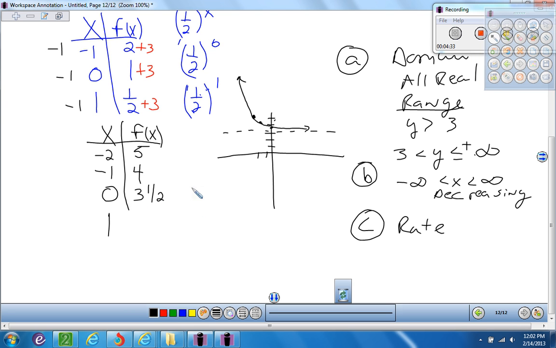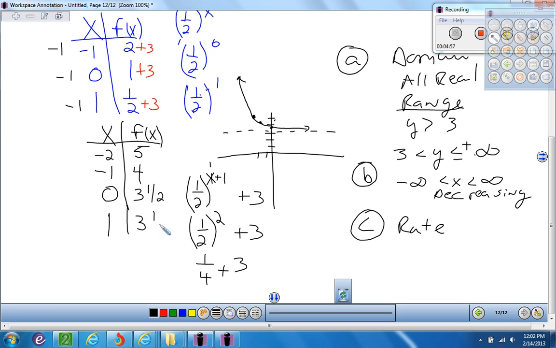So for this particular part, I'm just going to plug back into the original equation. 1/2 to the, I'm putting in 1 plus 1, because again that's x, and I'm just plugging in 1 for that. And then we're going to add 3. So 1 plus 1 gives me 1/2 squared plus 3. Okay, so I'm going to end up with 1/4 plus 3, so I end up with 3 1/4 here.